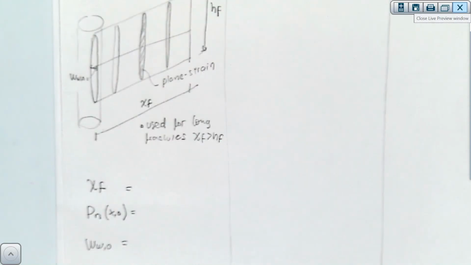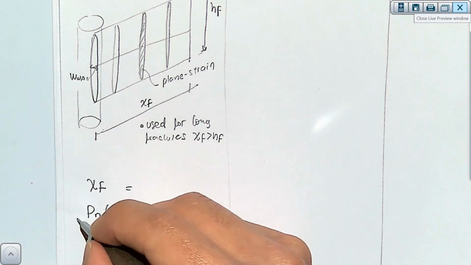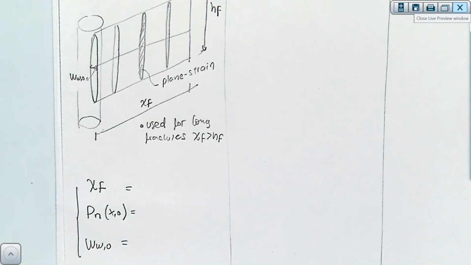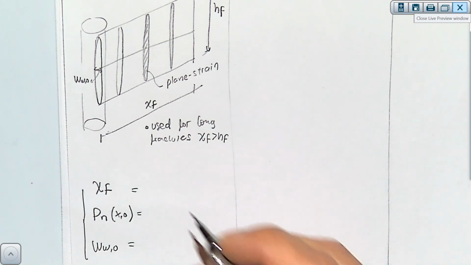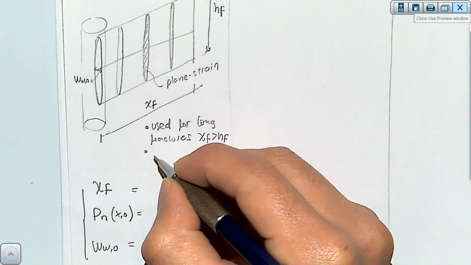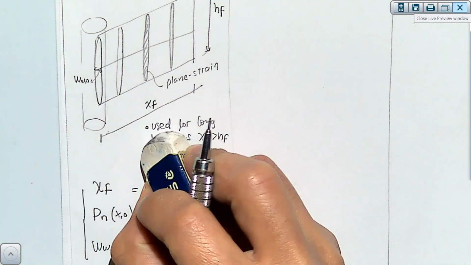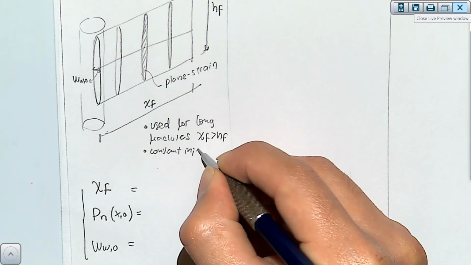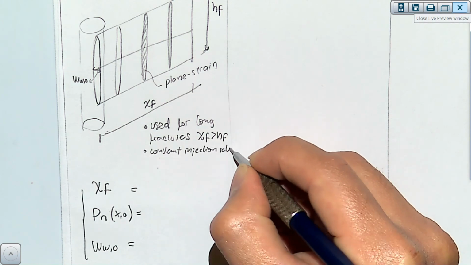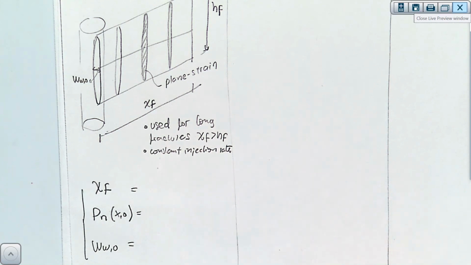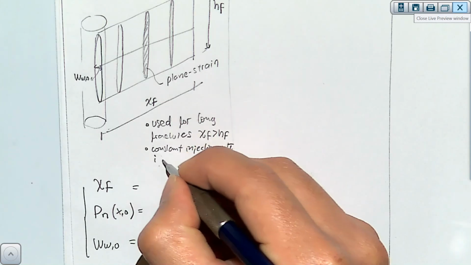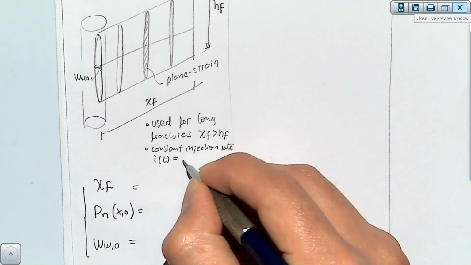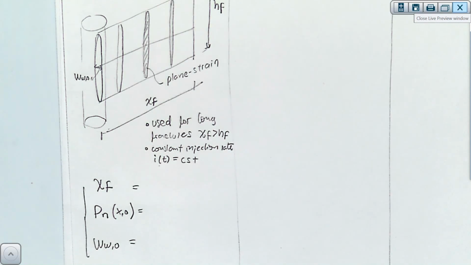And one thing that we have to do in order to get these equations is we need to assume an injection rate. And for this case, usually hydraulic fractures are done with a more or less constant injection rate, and that's what we're going to use here. We're going to assume a constant injection rate, which we're going to call I as a function of time, and that's going to be a constant.